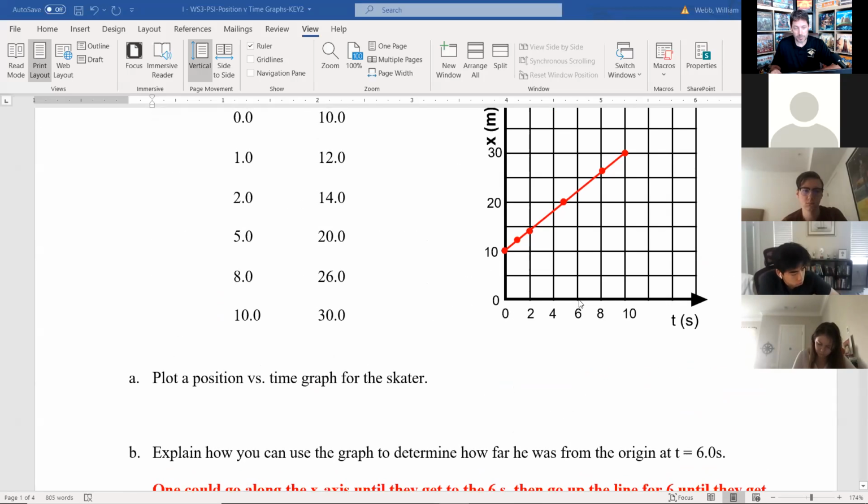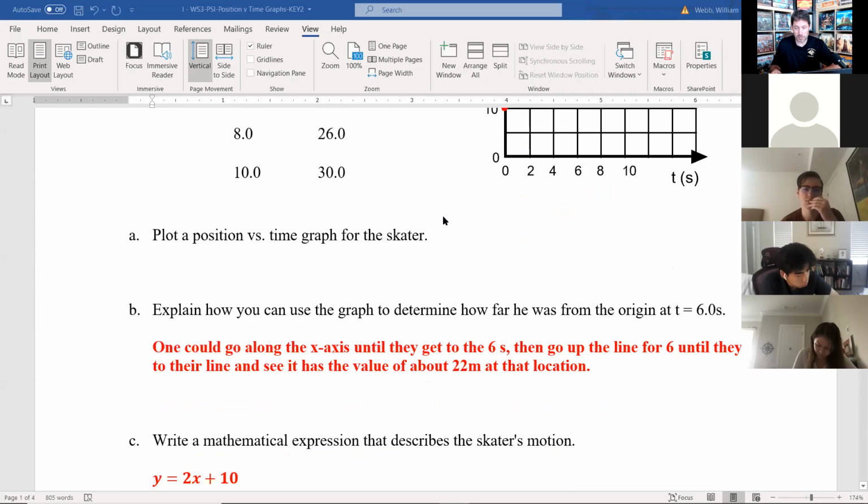So if you go up from the 6, you can see that somewhere between 20 and 25, so around 22, 23 meters. There'll be some plus or minus estimation there, but around 22 meters, you're just using the graph to determine that position relative to the origin.